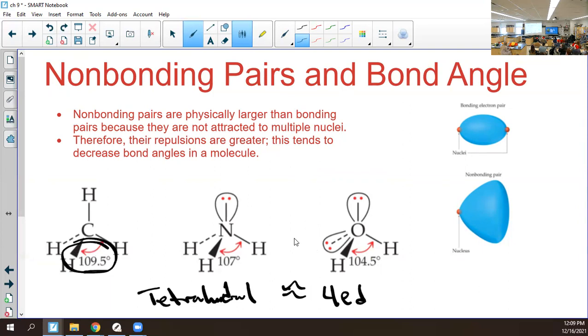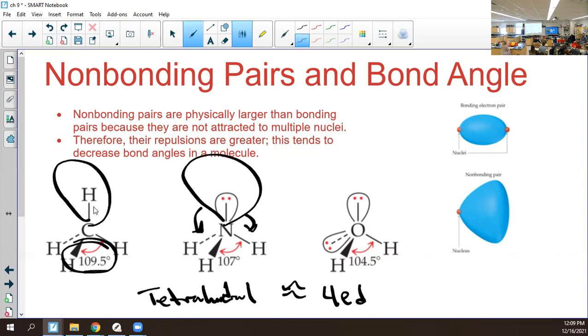You just need to know they're less than that. In ammonia, we have a non-bonding pair that squeezes the H's closer than the bonding pair would have in methane. That squeezes them just 2 degrees closer to each other. Not a huge deal, but it is still a deal. And then water, there's 2 non-bonding pairs, which force them even a little tiny bit closer to each other, 104.5.